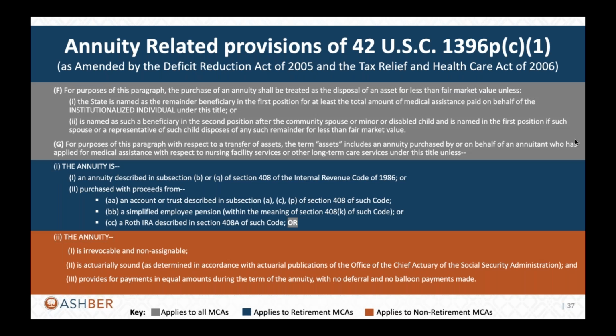The Deficit Reduction Act outlined different rules for annuities that are purchased with retirement assets or IRA dollars versus annuities that are purchased with after-tax dollars.